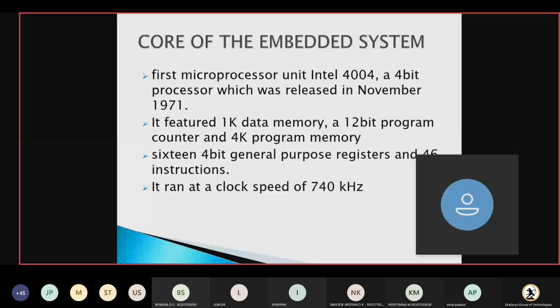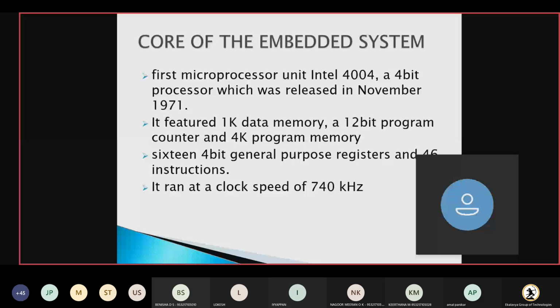The first microprocessor is a 4-bit microprocessor. We need to know some of its features. What are the features of the first microprocessor? It is a 4-bit microprocessor with 1 kilobyte of data memory, a 12-bit program counter, and 4 kilobytes of memory.